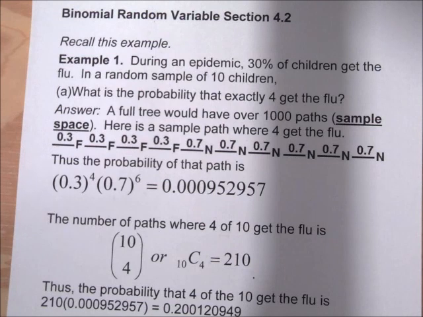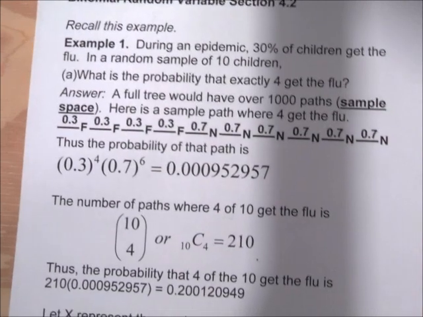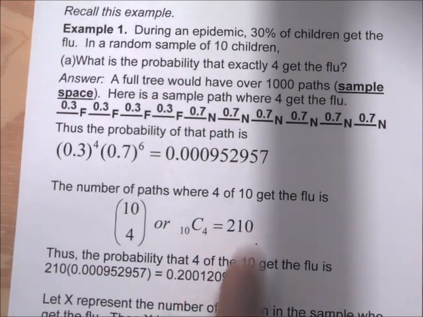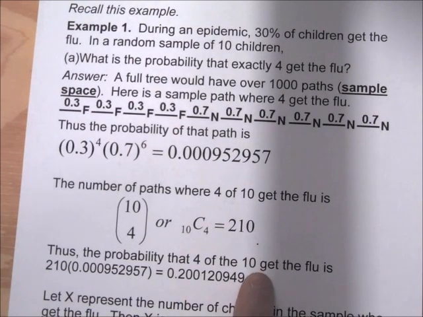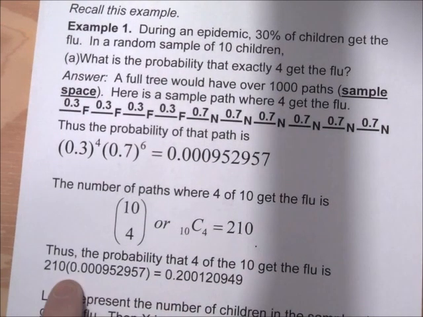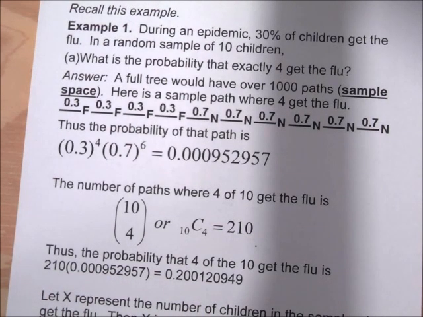And the number of paths where 4 get the flu is 10 choose 4, which came out to be 210 when we did this before. So the probability that exactly 4 of the 10 get the flu, you multiply the number of paths by the probability for each path, and you get 0.2001200942.